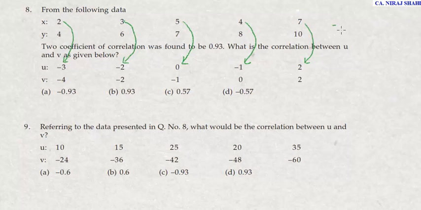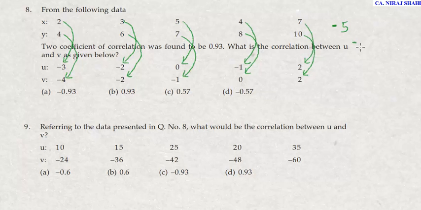So there is a change of minus 5 in each and every observation of x, and 8 has been deducted from each and every observation of y. So 4 minus 8 is minus 4, 6 minus 8 is minus 2, 7 minus 8 is minus 1, 8 minus 8 is 0, and 10 minus 8 is equal to 2.